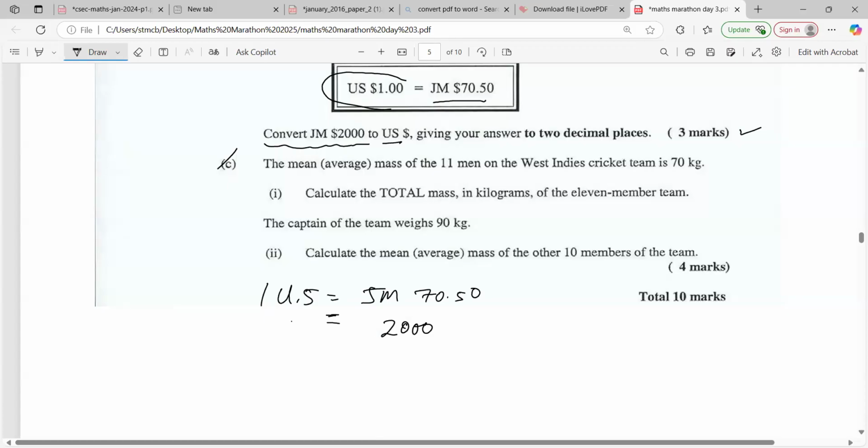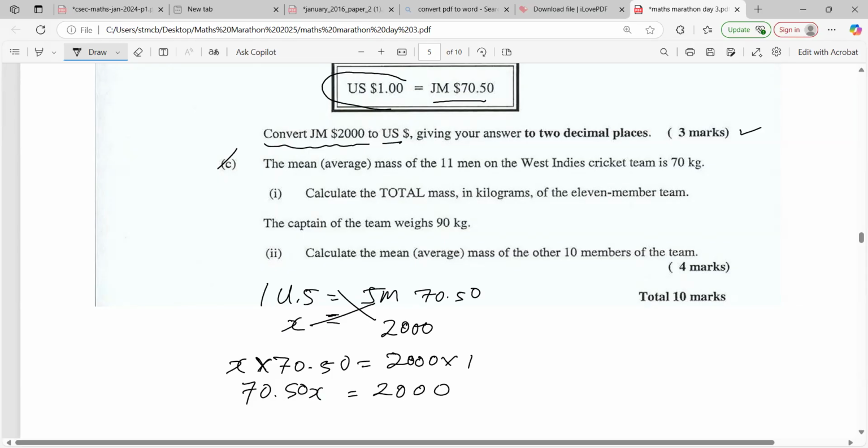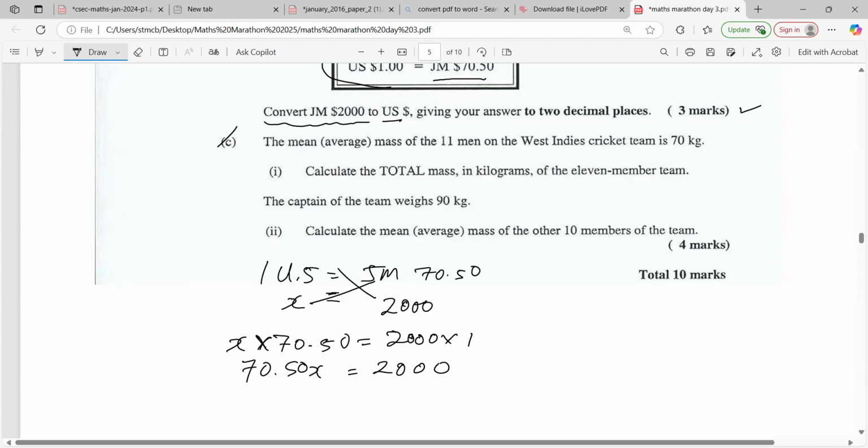So we can say, all right, this over x. Let's multiply like this, right? So it will be x times the 70.50. And guys, use a calculator for this, right? Times 1 equals the 2,000. So this will give us 70.50x equals 2,000. And then we naturally divide as we want to find x.